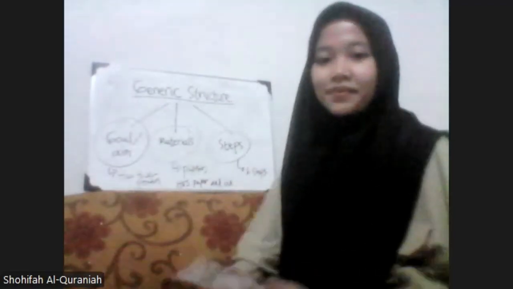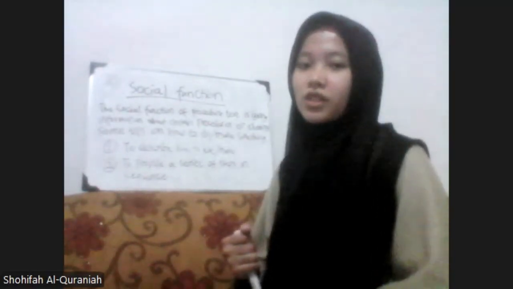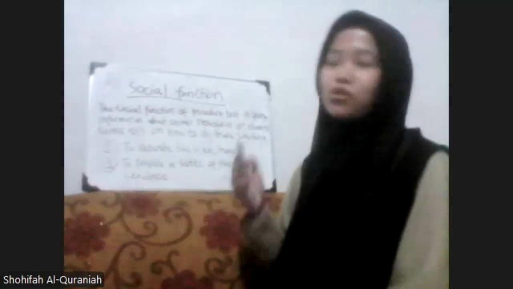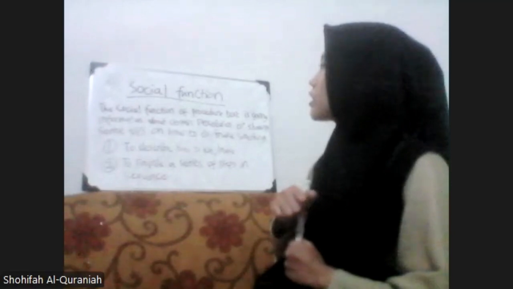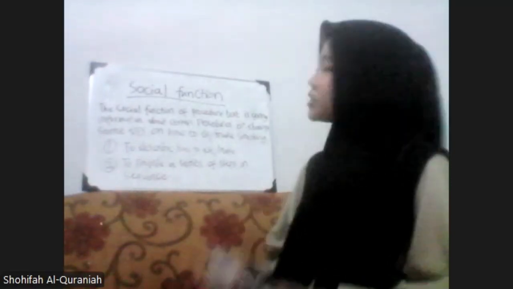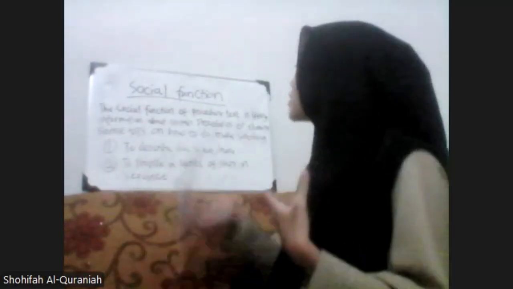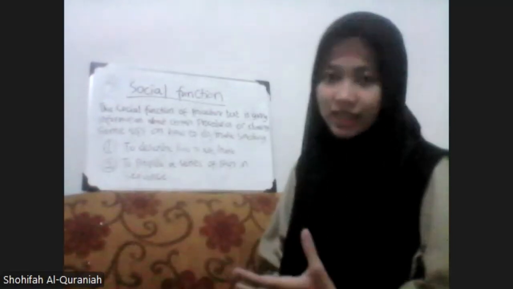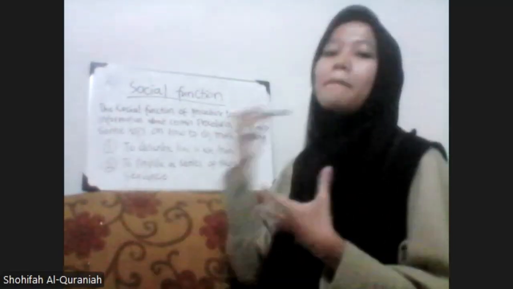Okay. So after we know about the generic structure, the next is the social function of the procedure text. So what is the social function of procedure text? The social function of procedure text is giving information. It's giving information about certain procedures or showing some tips on how to do or make something.